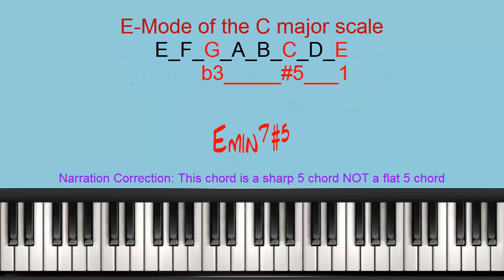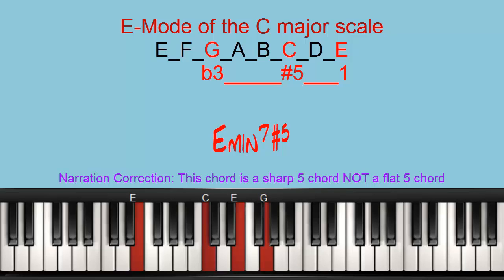Moving up to the next note, using the C major triad with an E in the bass. In this particular case, C becomes the sharp 5 or flat 6, however you want to call it. E is the root of the chord, and G is the minor 3rd.